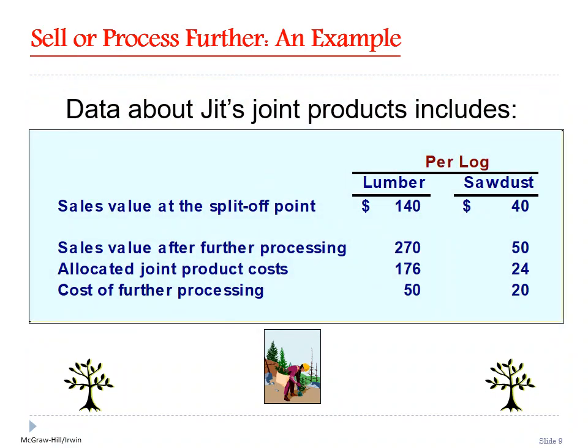It gives us some information about the Jet company. Data about Jet's joint products includes sales value at the split of point. ده بيديني القيمة البيعية عند نقطة الانفصال for the lumber $140, for sawdust $40.